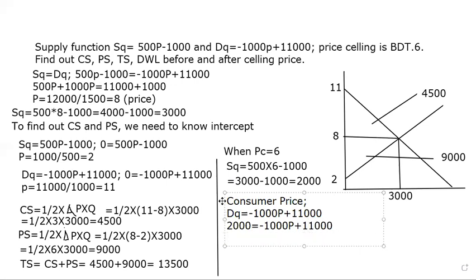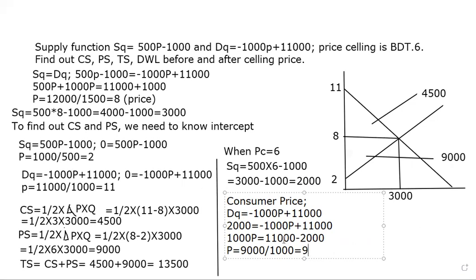Now we can put values: 1000 P equals 11,000 minus 2000, so 1000 P equals 9000, and P equals 9000 on 1000. So the price to be paid by the consumer is taka 9.